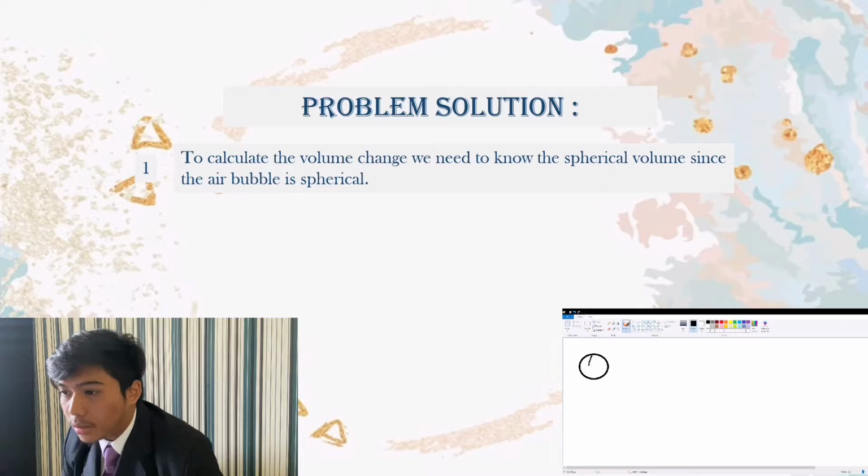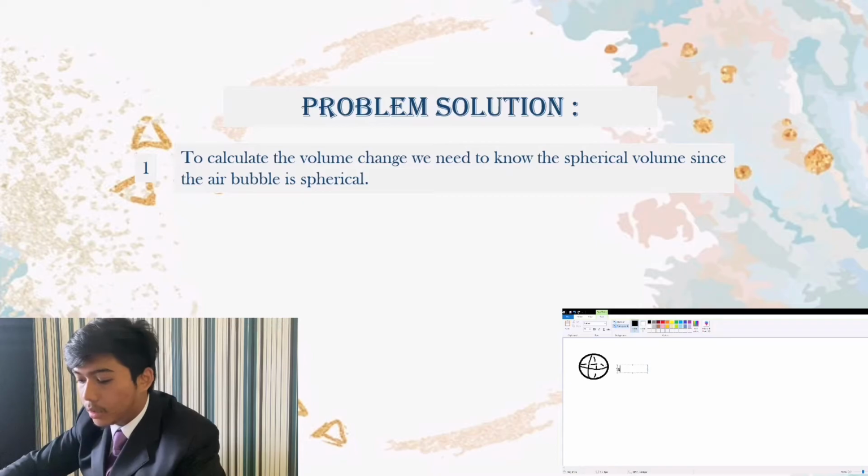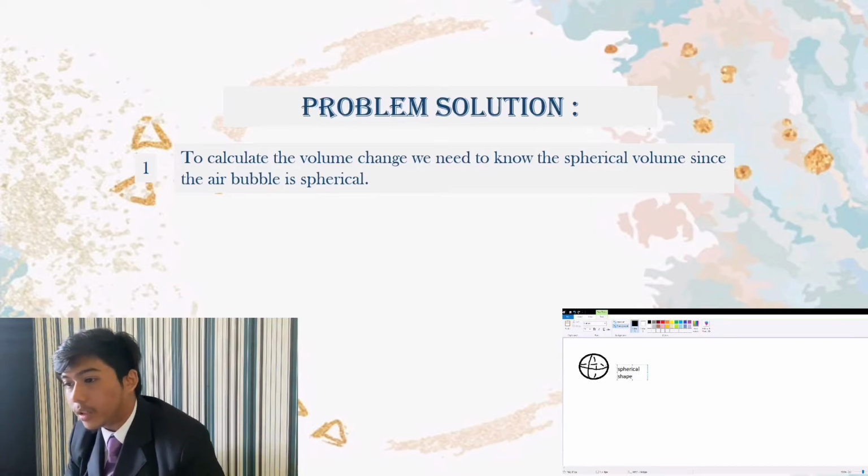I'm not good at drawing. This is a spherical shape.